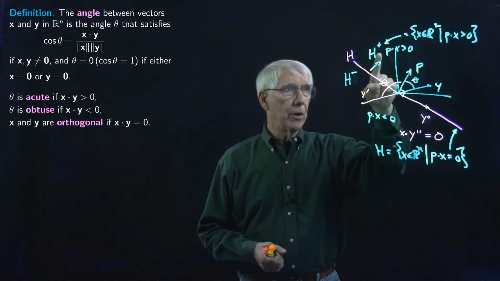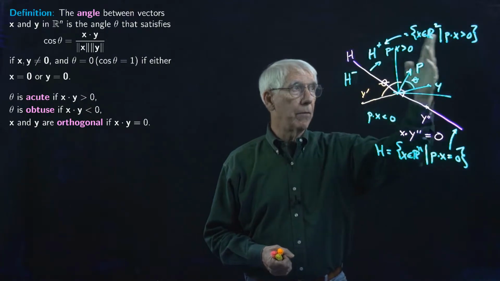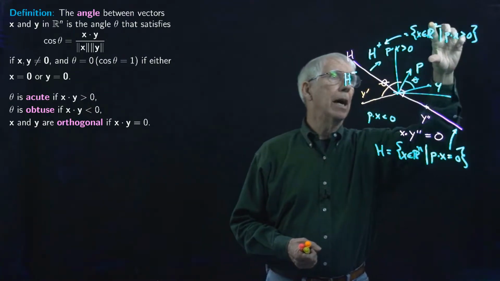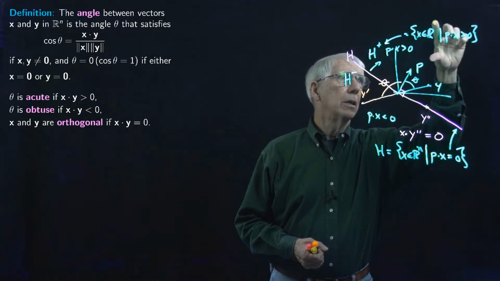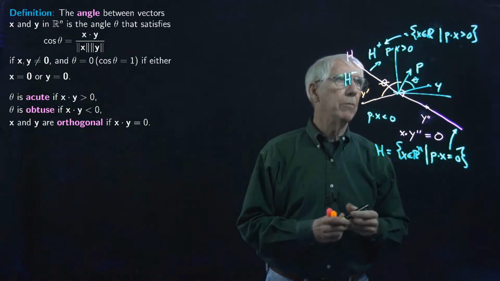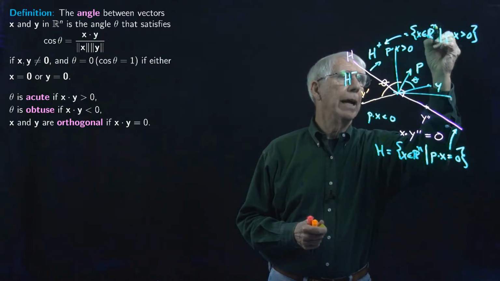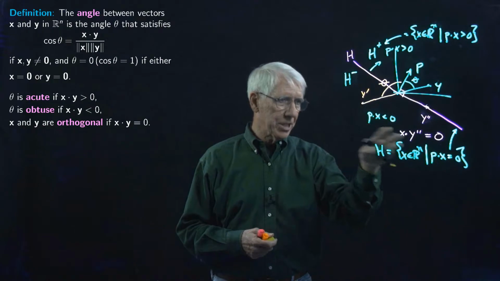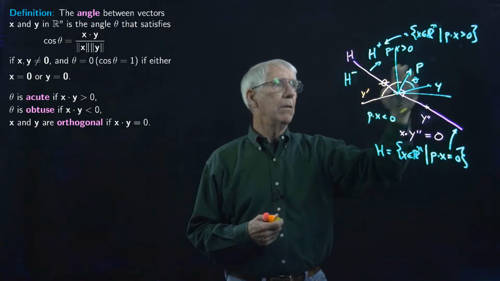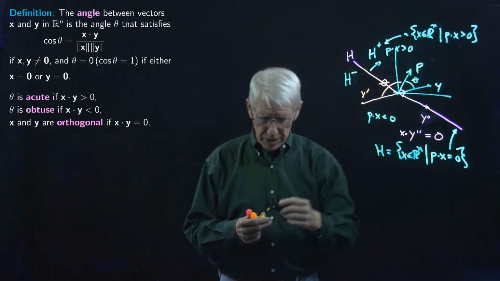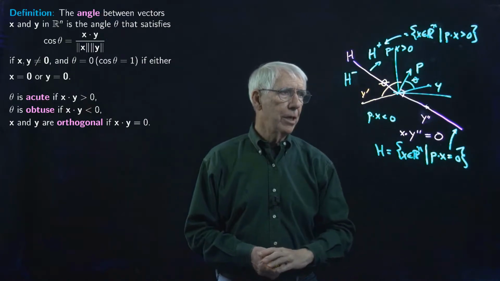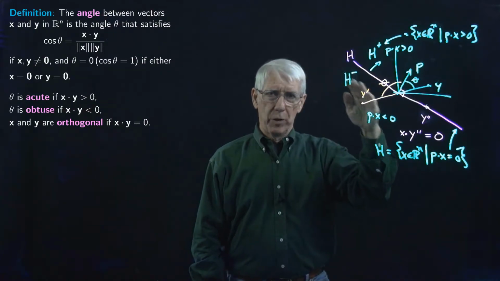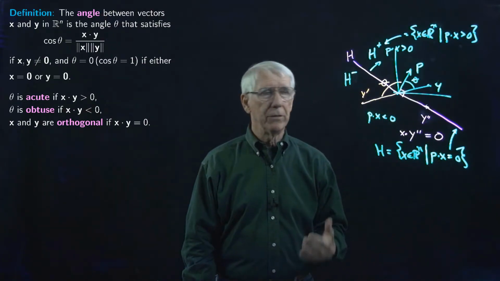And we would also have this set here, all the vectors such that P dot x is greater than 0, and that would be the same in Rn. And I didn't write the set down here, but the set of all vectors where P dot x is negative is here. And I used H because we're going to see this later on, so this is kind of a preview.